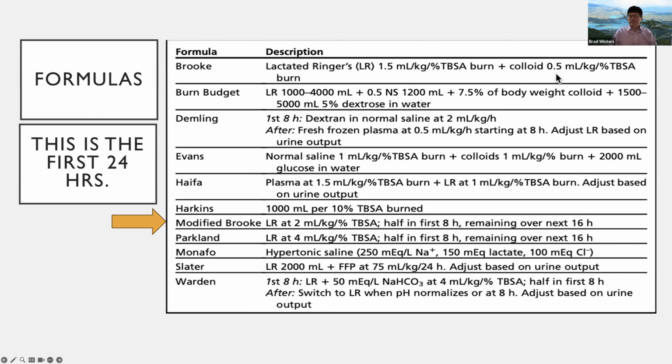We'll add albumin at 0.5 milliliters per kilogram per percent body surface area once every couple of hours as an adjunct on top of the crystalloid. So at my institution, again, we mix these two together, the modified Brooke and the Parkland, and then we go back to the original Brooke formula and we throw in colloid at the 6-hour mark if it looks like we are not achieving our goals.